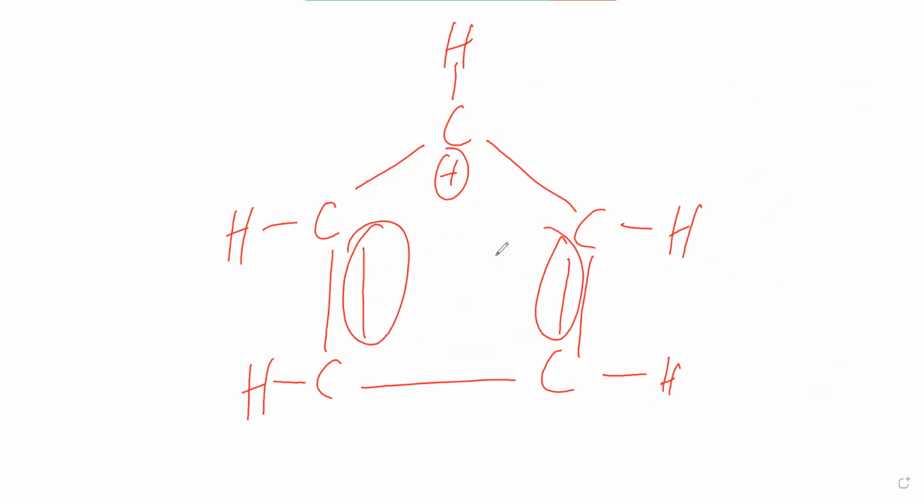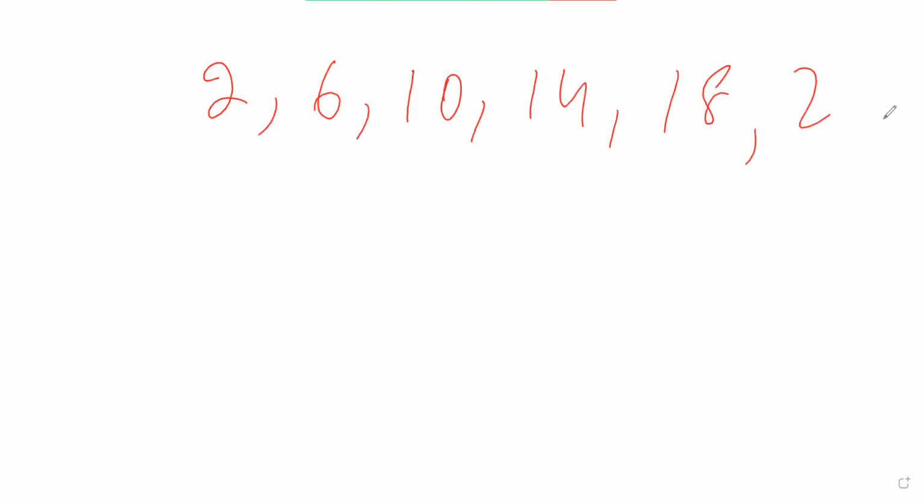Is it clear? Okay. Now remember how to directly judge the Huckel rule, okay? If a compound is having 2 pi electrons, 6, 10, 14, 18, 22, Huckel rule is followed. Clear? Done.